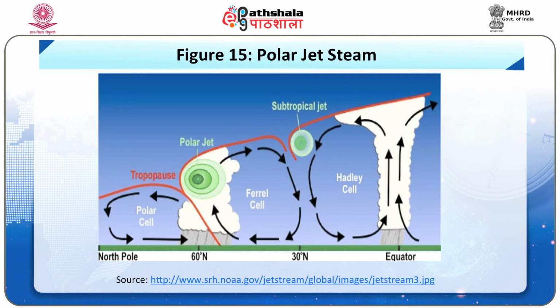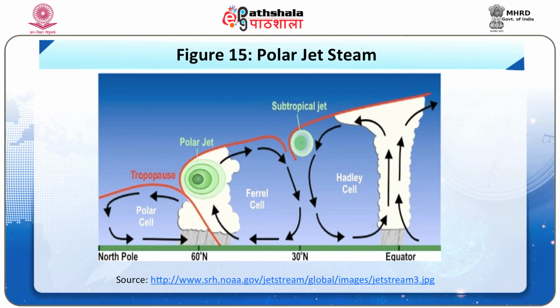First, polar jet stream. It is also known as the polar front jet stream because it is associated with the polar front. Polar fronts are linear zones which occur due to a large thermal gradient created by the convergence of contrasting cold air mass of polar areas and warm or mild air mass of tropical areas.